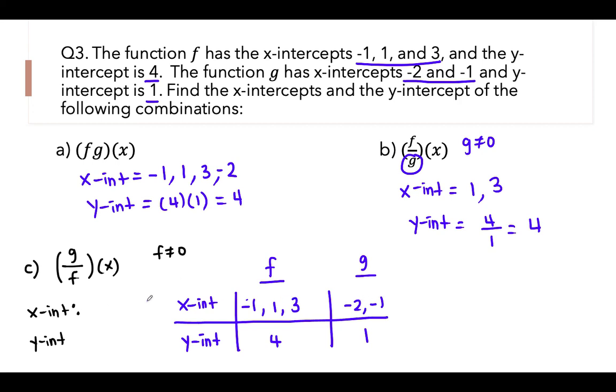It doesn't repeat for f, so -2 works. But -1 repeats in function f, and if I were to write -1, then f is going to equal 0. So the only x-intercept for this one will be just -2, because we don't want f to be equal to 0. For the y-intercept, you carry out the operation: function g's y-intercept is 1 divided by 4, and that's it. That will be your final answer.